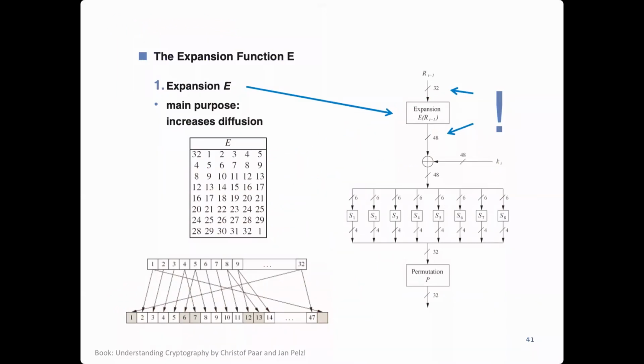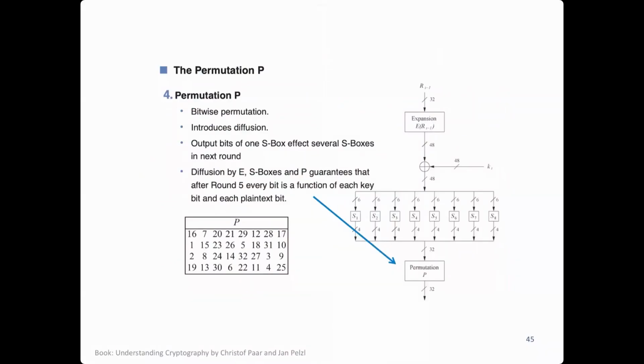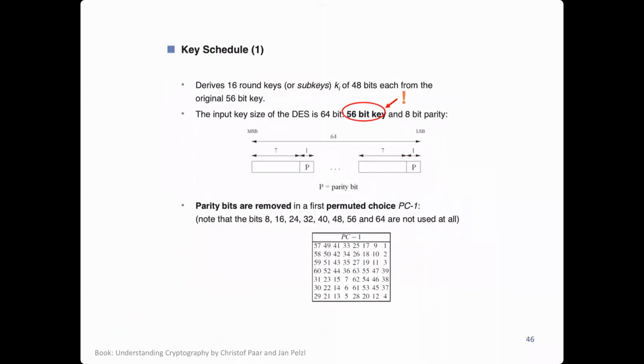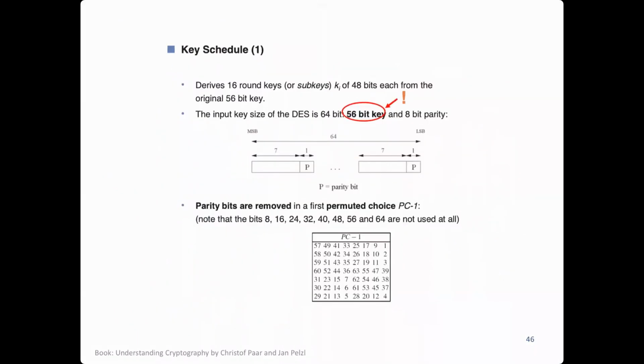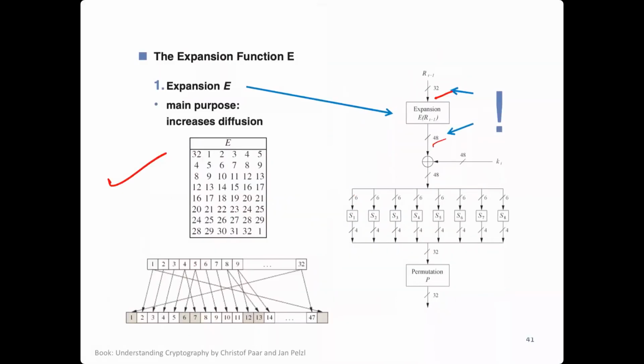Now of course there are other things, like we have expanded 32 bits to 48 bits. All these are given, and what we get is, after the permutation, we get the output. So we will come back.